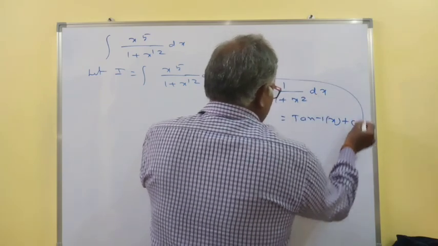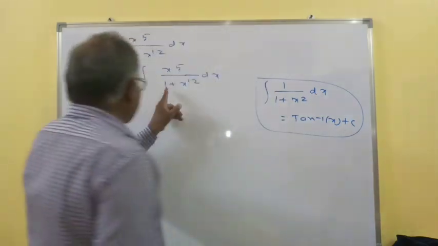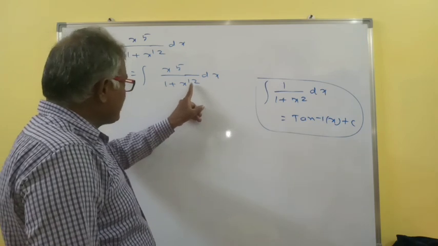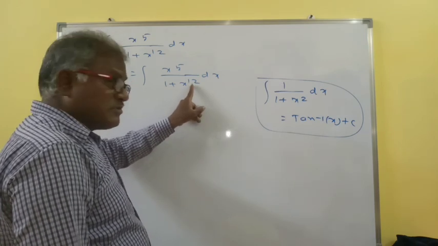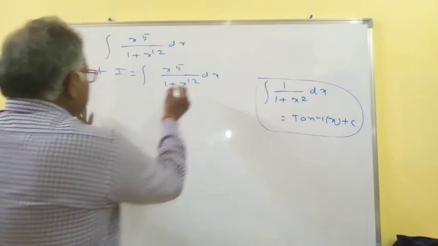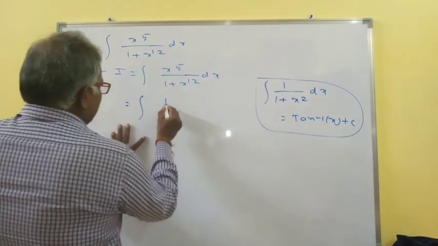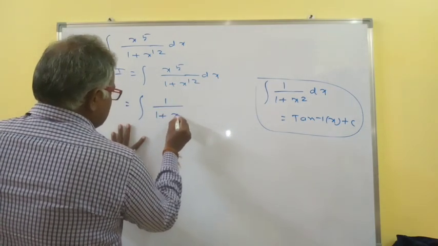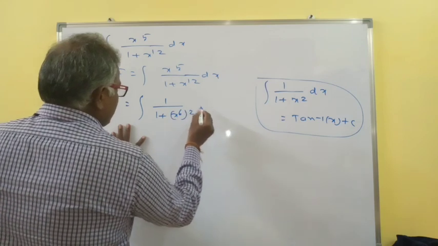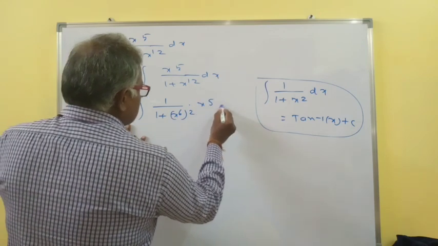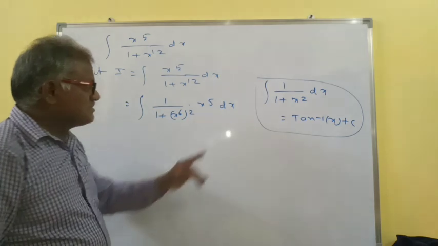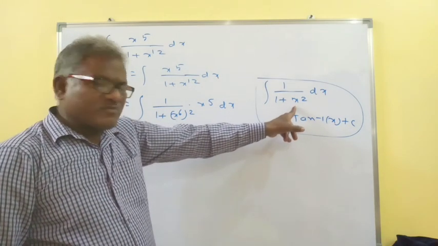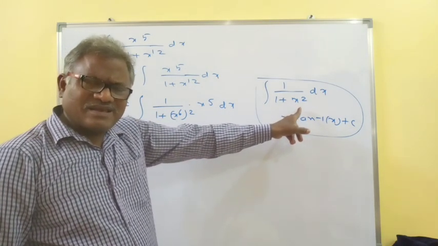Here 1 is there but x square is not there, but it can be written in the form of x power 6 whole square. So first of all you write 1 by 1 plus (x power 6) whole square into x power 5 dx.